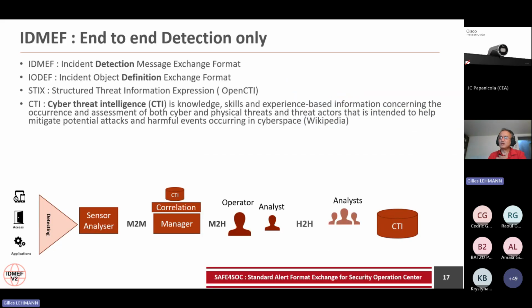This schema is a little bit complicated, but it explains the link between the different formats when you do incident detection. Here you have the assets, the detecting zone, the sensor, and the analyzer detecting the incident and sending it to the manager in a machine-to-machine language. There's correlation, enrichment, CTI, whatever, in the management, and then you display it to the operator.